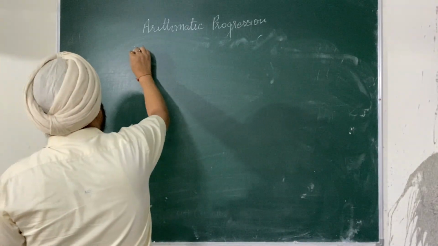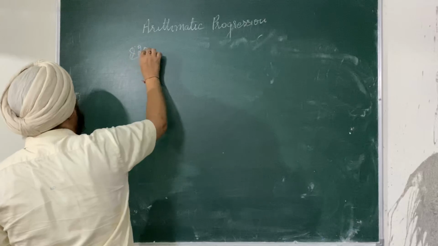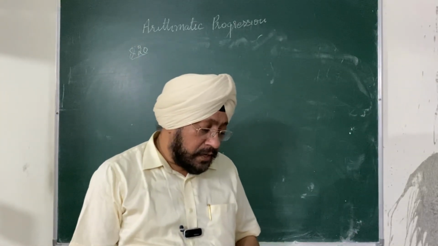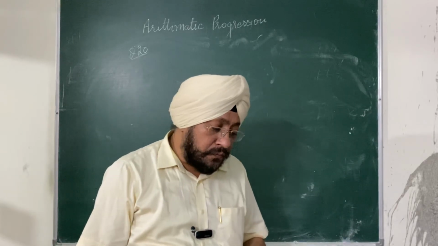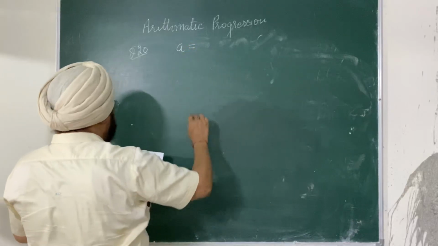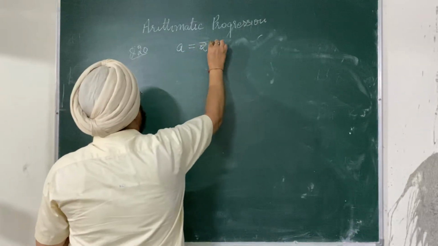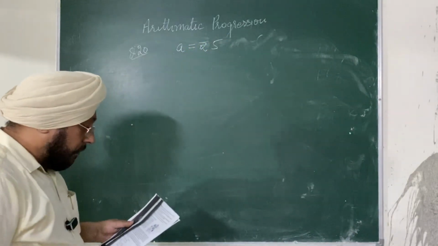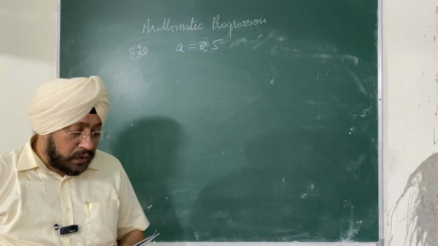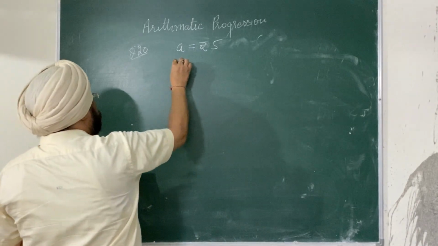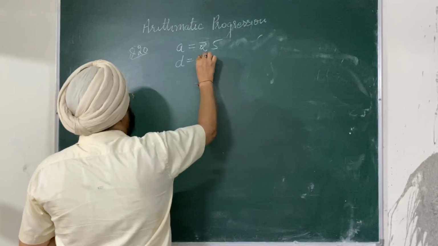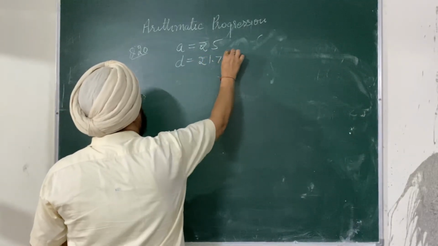Now what is question number 28? Same sum as we have done in question number 19. Ramkali saved rupees 5 in the first week of a year. So the first saving is given as rupees 5. And then she increased her weekly savings by rupees 1.75. So the common difference is given as rupees 1.75.